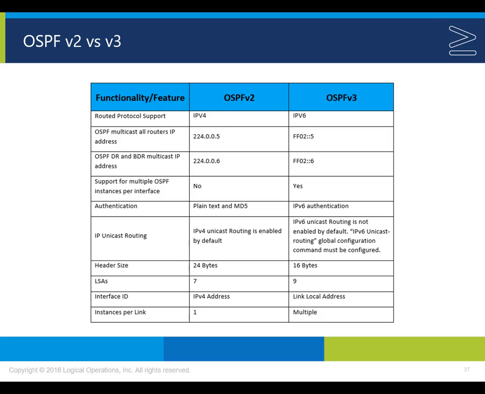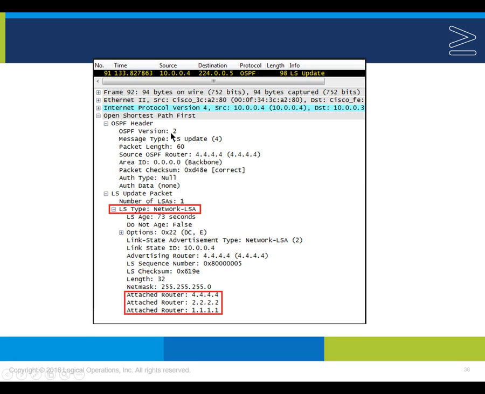LSAs, the number 7 and 9, and the interface IDs, the IPv4 address for OSPF and the link local address for OSPFv3. Interfaces per link, 1 for OSPFv2 and multiple for version 3.